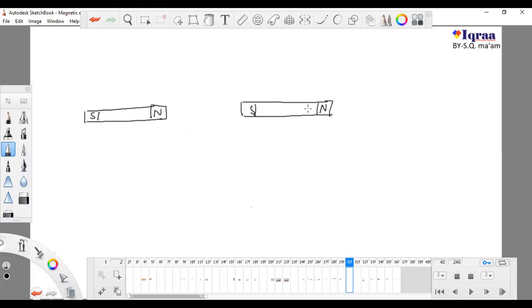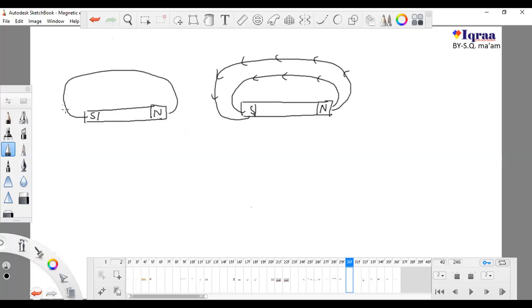So the direction of magnetic field lines we know. So the two magnetic field lines cannot intersect each other.